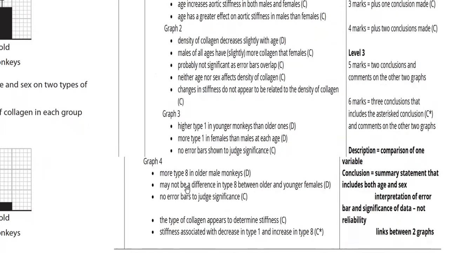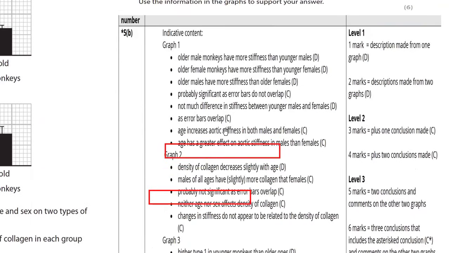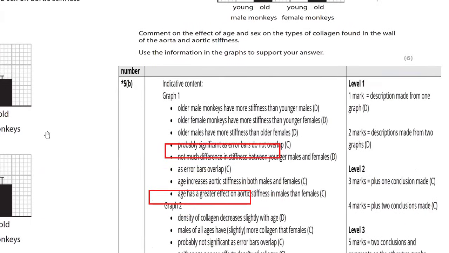You can relate the description with the conclusion, as he said. For example, there is no error bars in the last 2 graphs, graph 3 and 4, so you cannot evaluate significance. While in graph 1 and 2, you can talk about them because there was error bar in each of them.